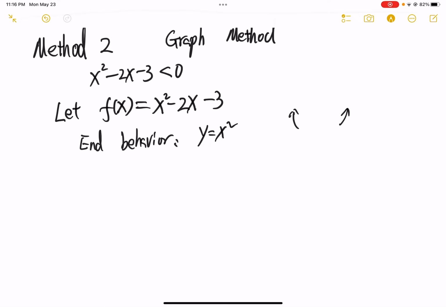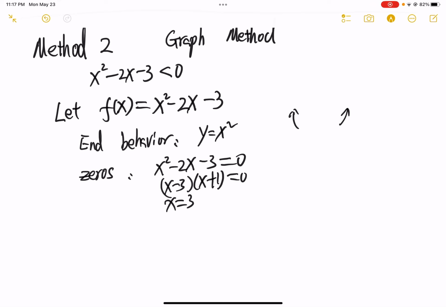This is the end behavior. And then we have the real zeros. We just need to solve x minus 3 times x plus 1 equals 0, so we have x equals 3, x equals -1.